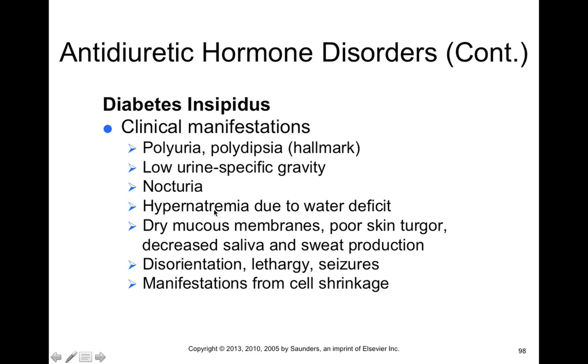You can see hypernatremia due to water deficit and all of the sequelae with that, as well as dry mucous membranes, poor skin turgor, decreased saliva and sweat production from dehydration, and disorientation, lethargy, and seizures from shrinkage of your brain tissue. These are all manifestations from your body cells shrinking.